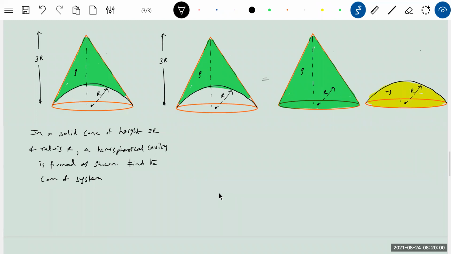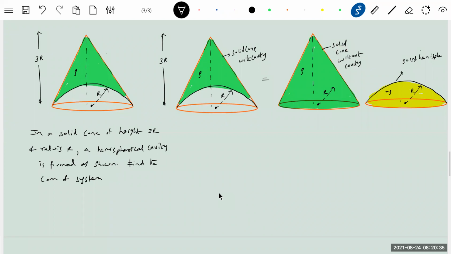The positive density and negative density will cancel out, and finally we get a solid cone with cavity. So what is this? Solid cone with cavity. Solid cone without cavity, and this is the solid hemisphere of negative density. Are you able to get this?